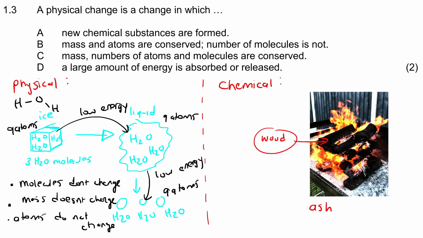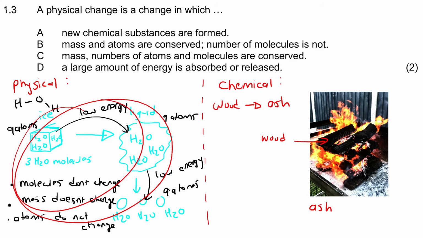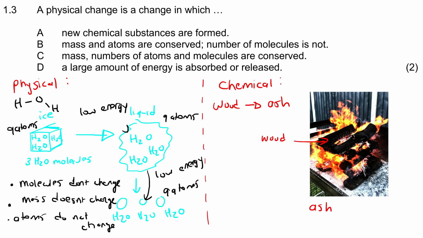Now wood and ash are actually completely different things. So what we did is we took wood and then we converted it into ash. Whereas here we just took water and we converted it into more water and more water. So we still had water, but here we are going from one substance to a totally different substance. So in a chemical reaction, we actually produce new substances.